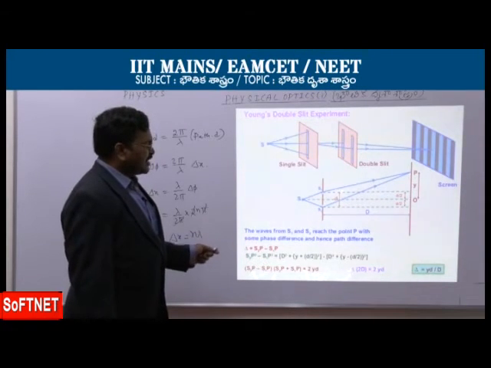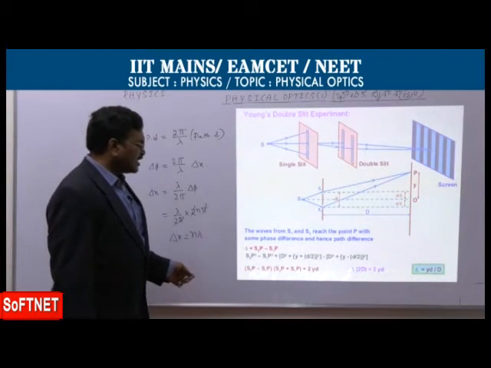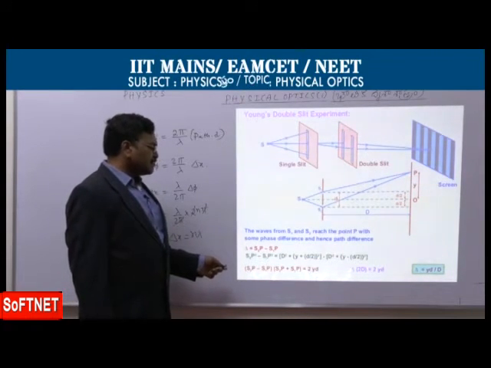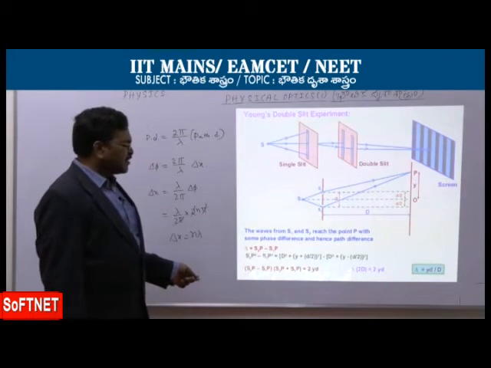Here we derive the expression for fringe width. So first we calculate the path difference. S2P minus S1P represents the path difference. First we calculate S2P square minus S1P square.